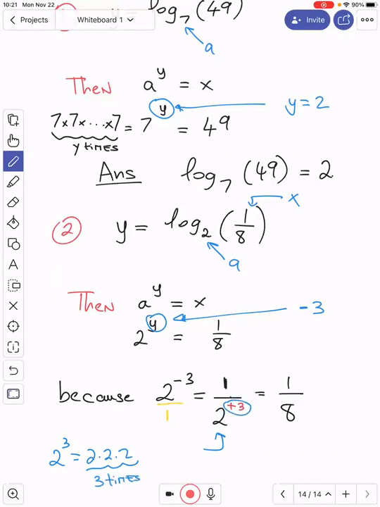The positive 3, that's because, as I said, you see the negative 3 right here. That's a power negative 3, right? This power is in the top of your fraction, like 2 to the power negative 3 over 1. So when you move your power to the bottom, if you flip your fraction, the negative becomes positive.